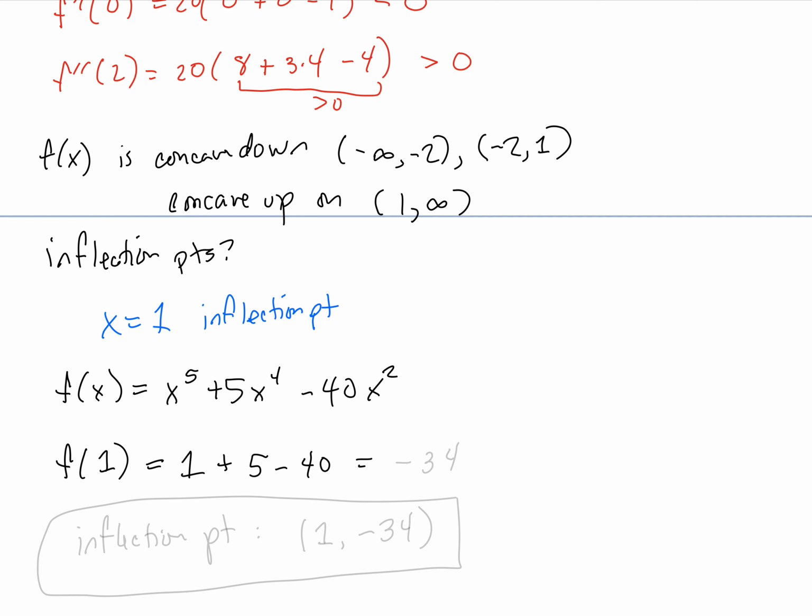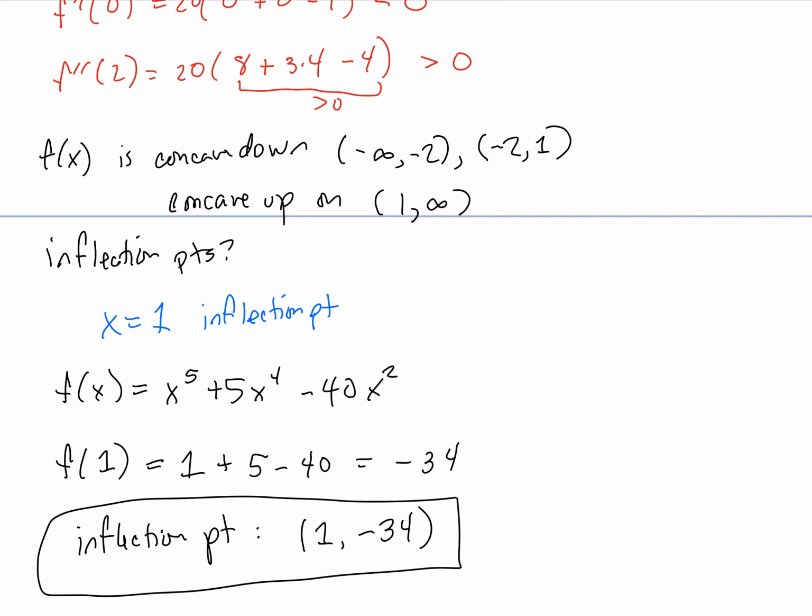And so we've got 6 minus 40, that's a negative 34. So our only inflection point is the point 1 comma negative 34. That's the xy pair of values for that inflection point.